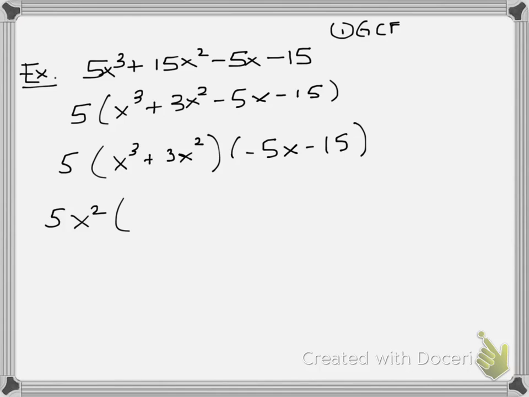When I take out x squared here, I end up with x plus 3, right? And then over here, if I take out a negative 5, I end up with x plus 3, right?